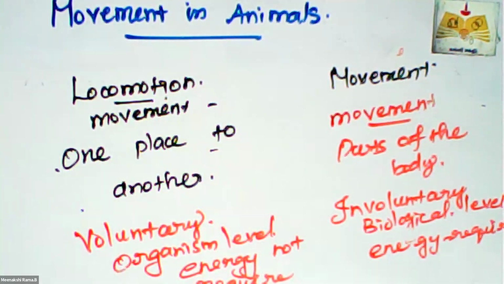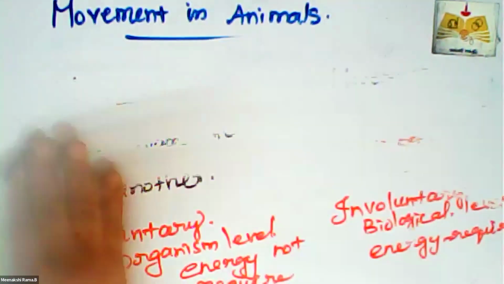Locomotion does not necessarily require energy, but movement needs some energy to do that work. Okay, so this is the main difference between movement and locomotion. So now we are going to see movement in different kinds of animals.